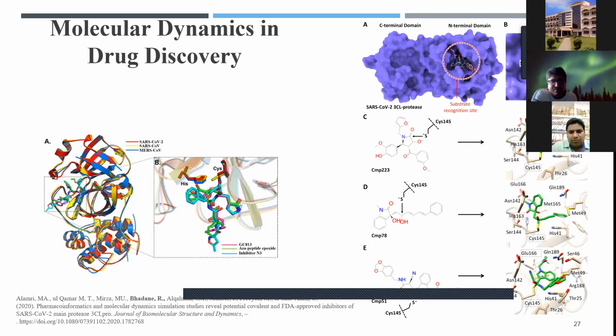Before we proceed to molecular dynamics simulation, we first took the structure of this M protease and compared its sequence with the previous infection caused by SARS-CoV-1, and also compared it with MERS-CoV.